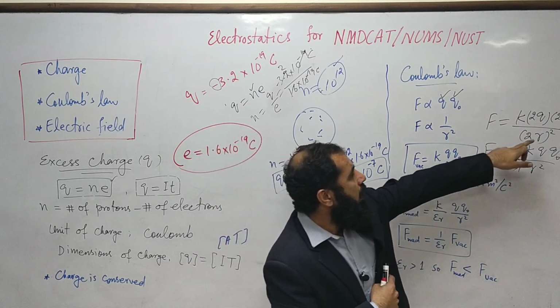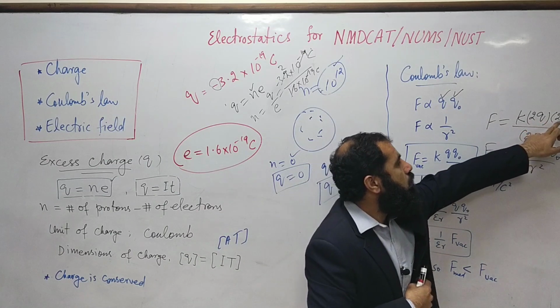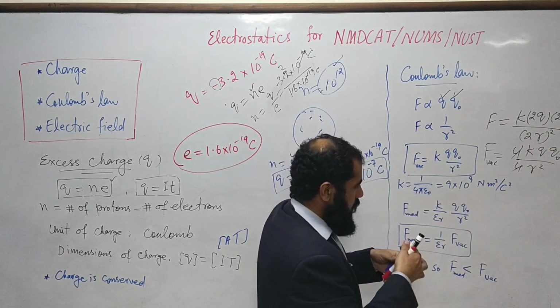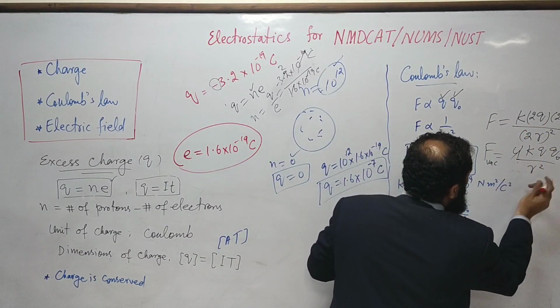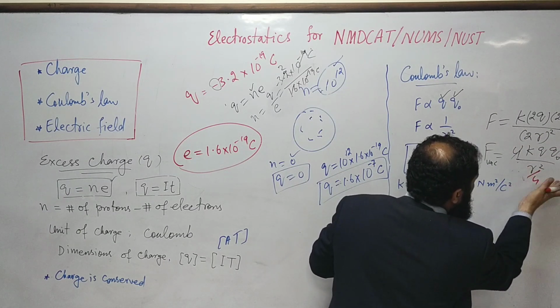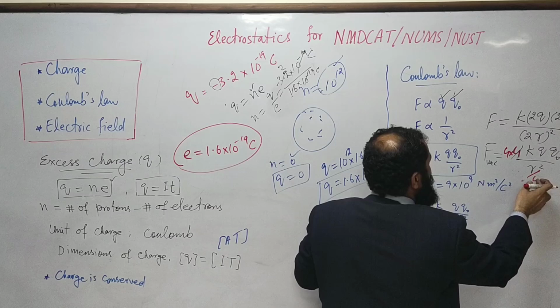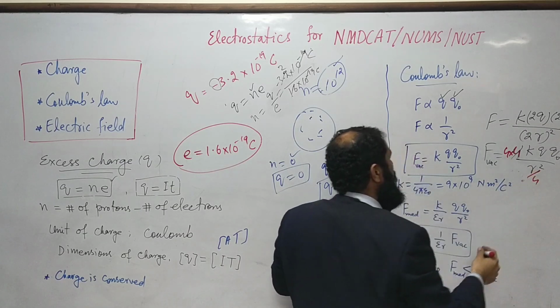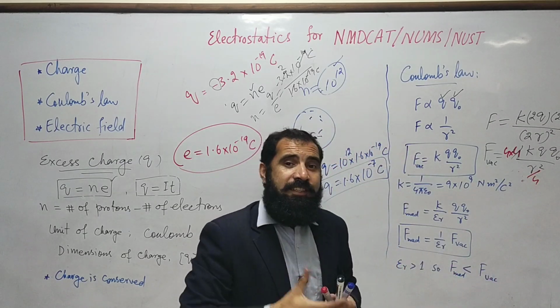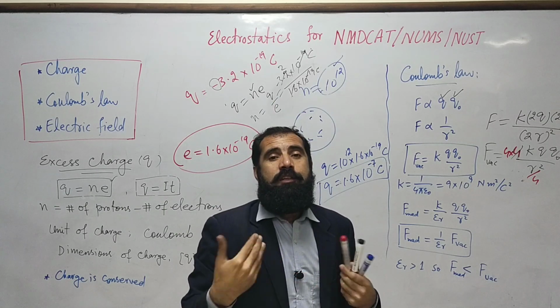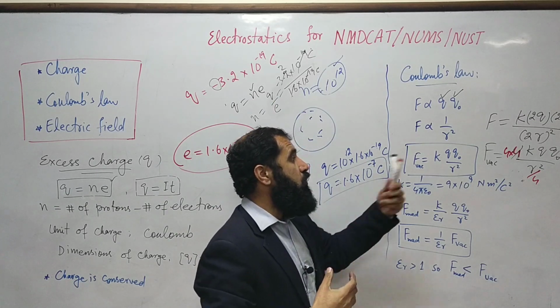Then you just put R by 2 here, and 2 and 2 here. In that case, you would have 4 in the denominator, and that goes to the numerator and multiplies here. So if the radius is halved, then the force would increase 16 times.